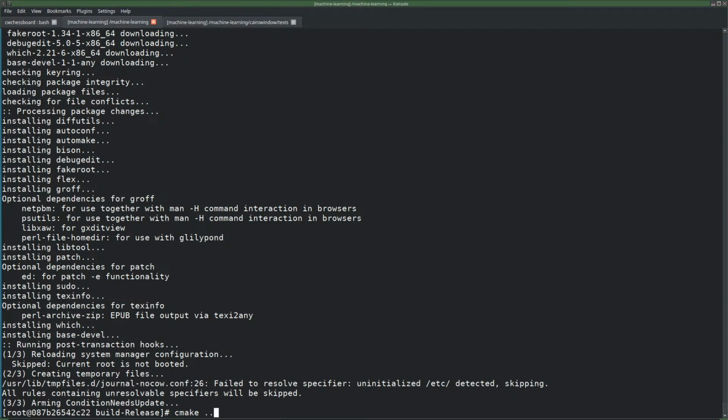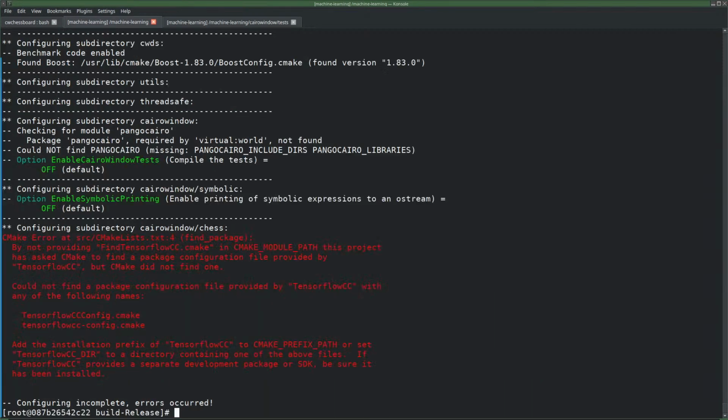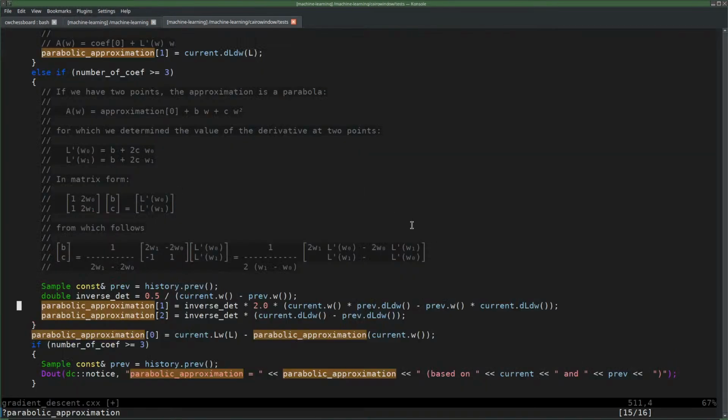Okay, so my current problem is that, well, TensorFlow is not found, of course, but also Pango Cairo is not found. Let me have a look here.